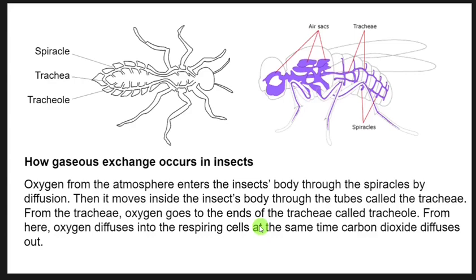The trachea continues until it divides into smaller tubes called the tracheal, and it is through the tracheal that gaseous exchange takes place: the oxygen enters the respiring cells, and then carbon dioxide moves out of the respiring cell into the tracheal, then into the trachea, and then outside the body through the spiracles. All right, so I hope you understand this process.